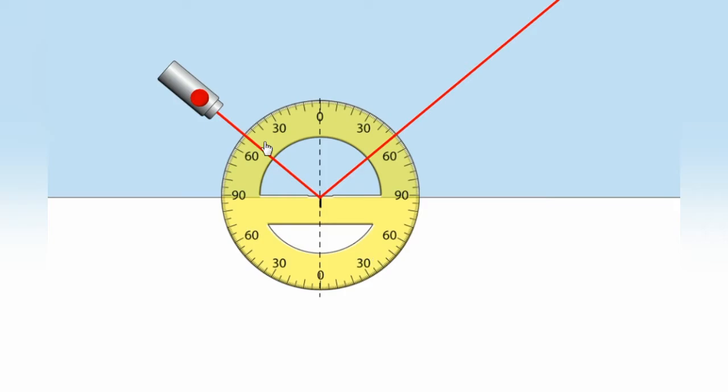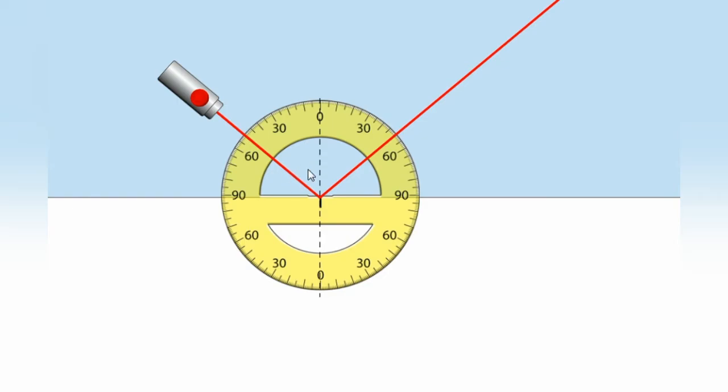So at this particular angle of incidence, the ray is totally reflected back into the same medium, and this is known as total reflection. This happens only at a particular angle of incidence, and that angle of incidence is called the critical angle.